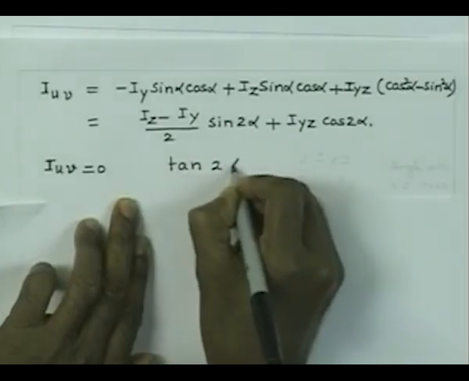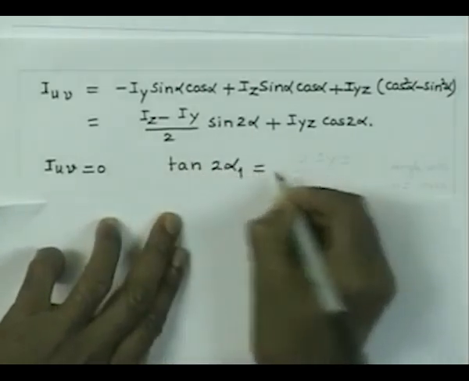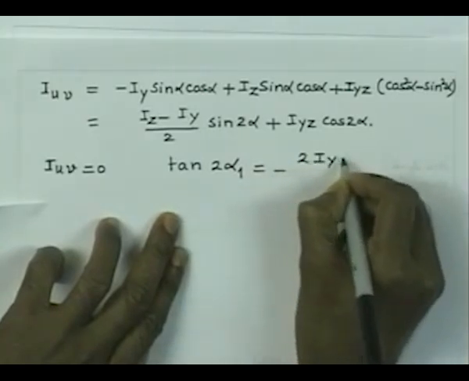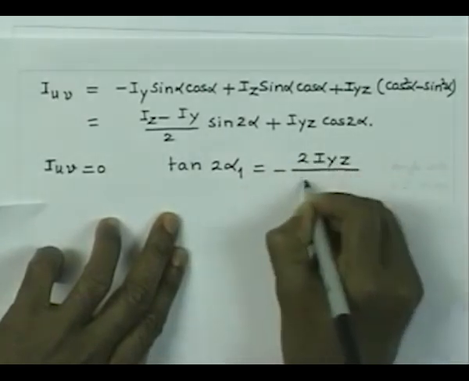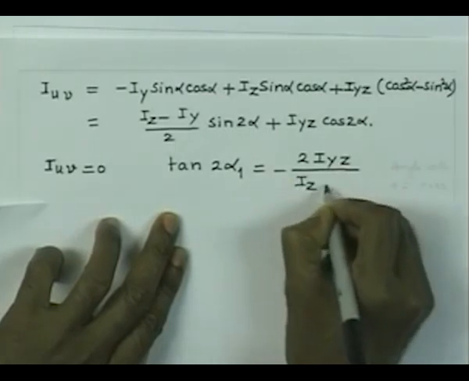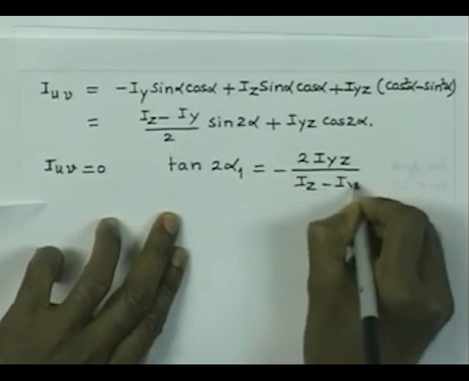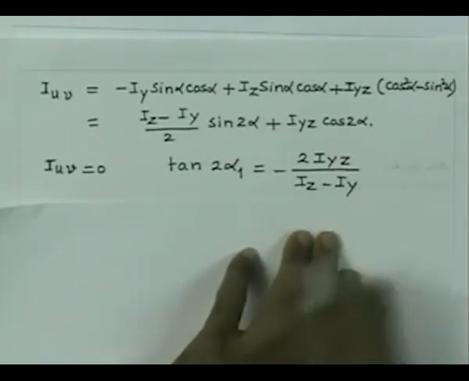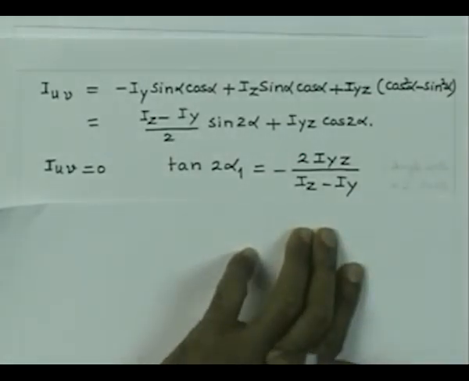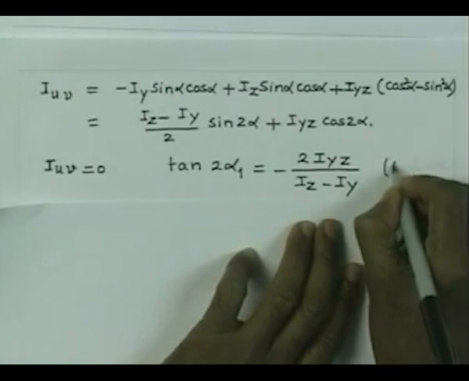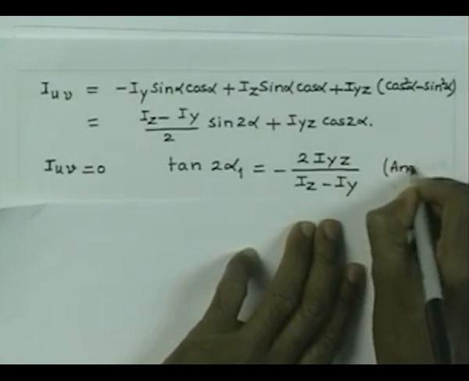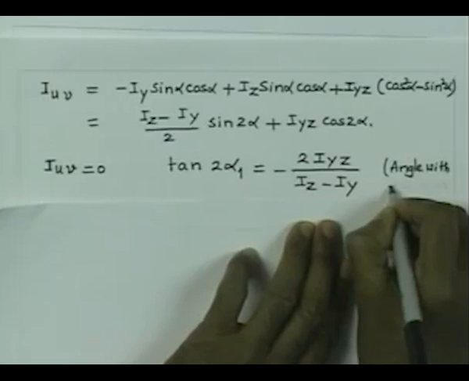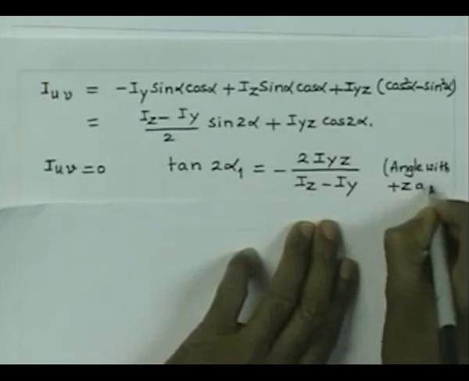So, therefore, tan 2 alpha 1 is equal to minus 2 times Iyz by (Iz minus Iy). So that is the angle alpha 1 which u makes with the positive z axis.